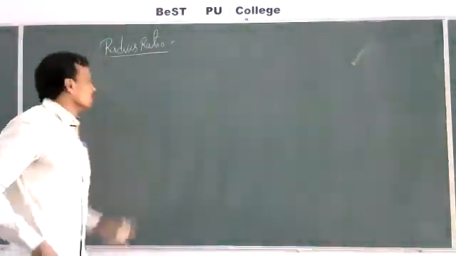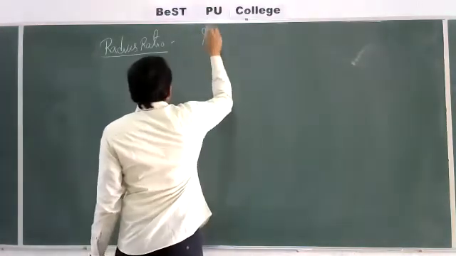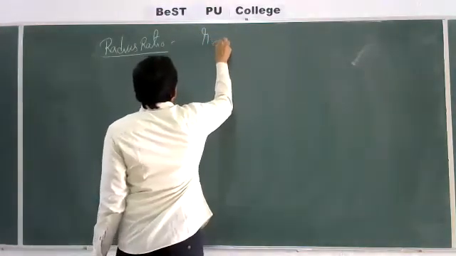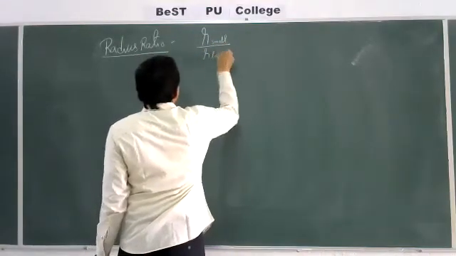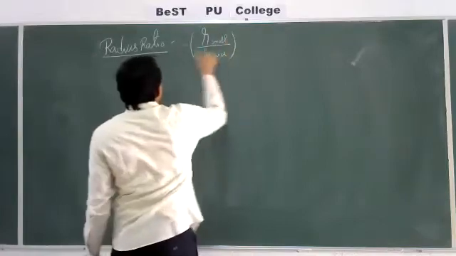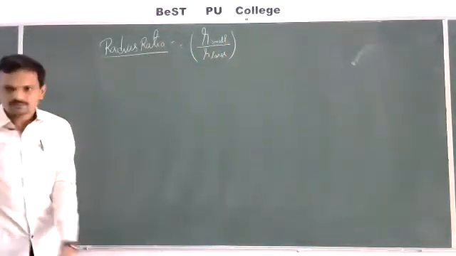Now, if you measure the ratio of the radius of the small particle to the radius of the large particle, this ratio is called the radius ratio.